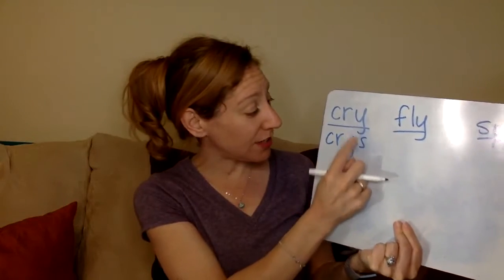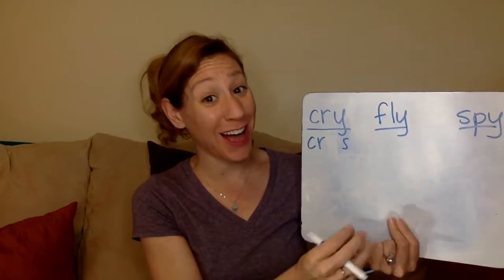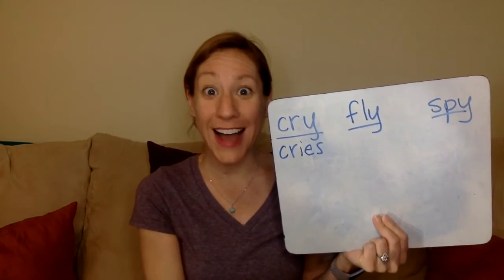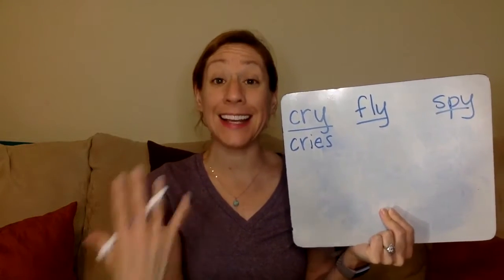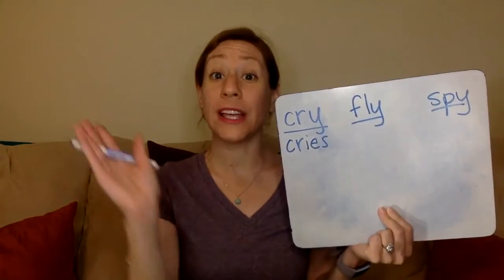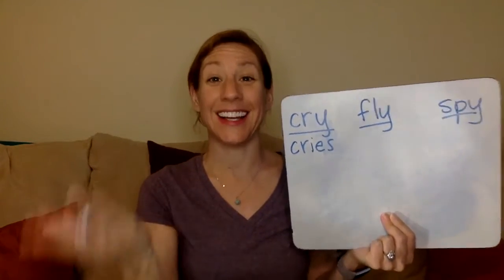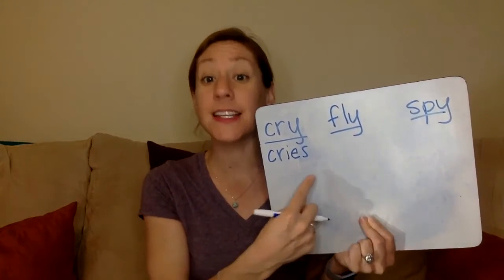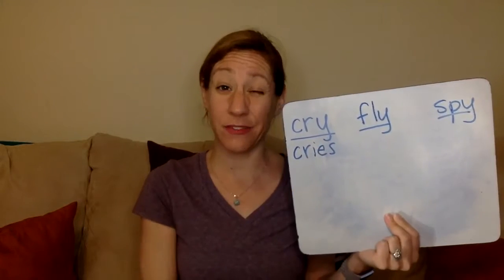We change it to another I, long I sound, IE, so that it is cries. So when we are adding an ending onto the Y at the end of the word, we drop the Y and add IE, or replace the Y with IE instead.